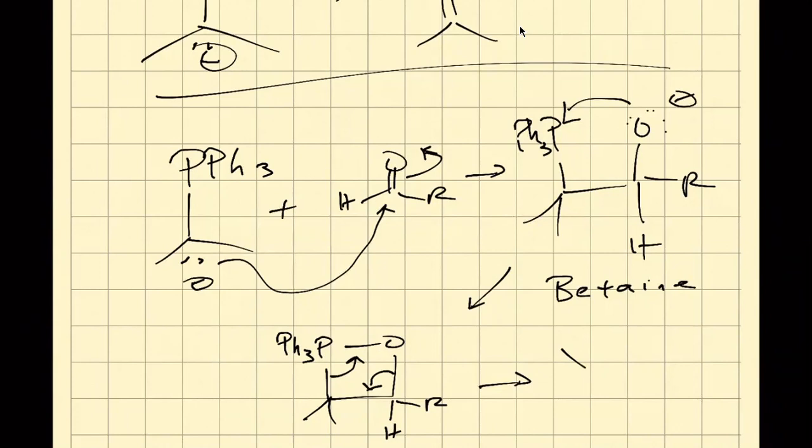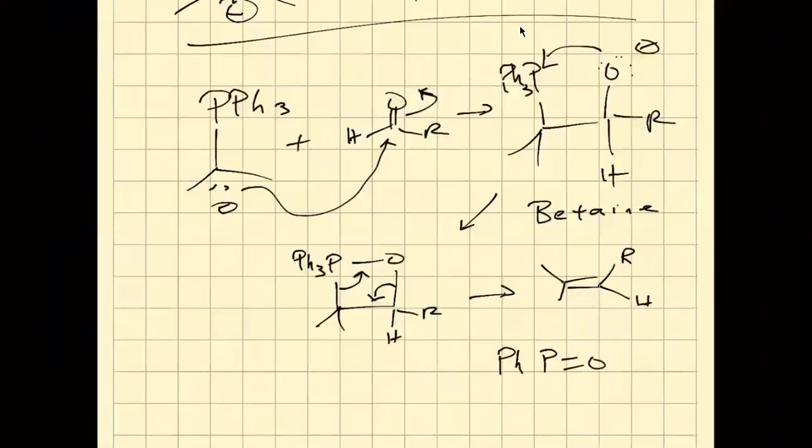With the phosphine oxide you get a P=O double bond, and that is a really strong bond. So you give off a lot of energy by forming that, and that's kind of the driving force for the reaction.